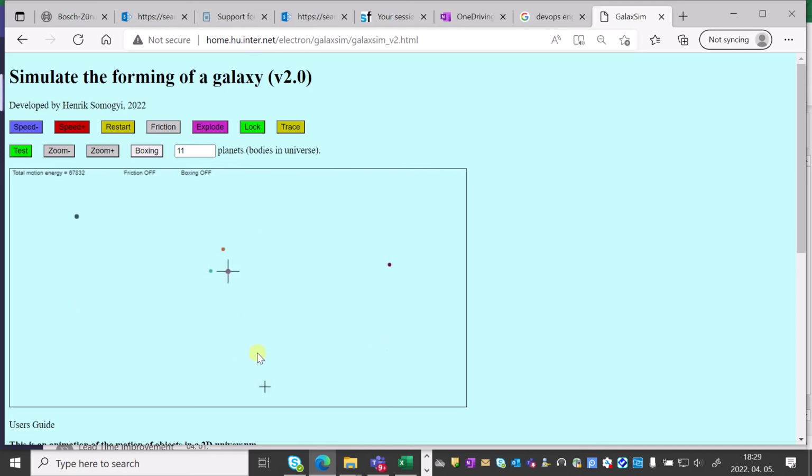What will happen here? Let's check. Whoops. Zoom out a bit to see better. And what happens here? That's the start of an orbiting maybe.